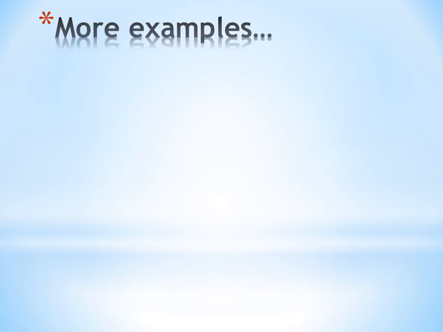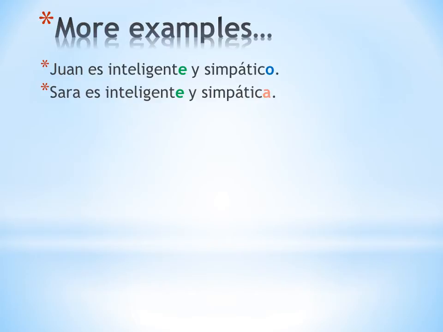Here are a few more examples. Notice what gender the noun is, and notice how the adjective matches the gender, agrees with the gender of the noun. Juan es inteligente y simpático. Sara es inteligente y simpática. Nacho es perezoso y desordenado.